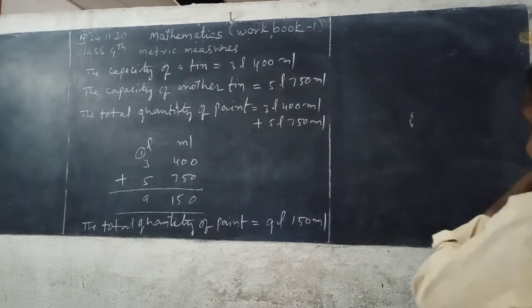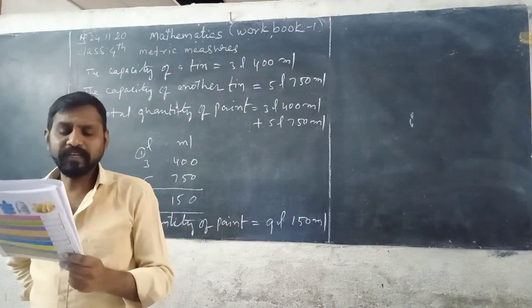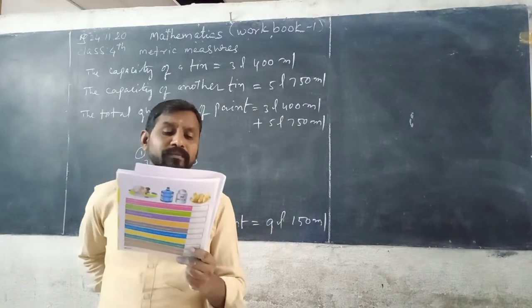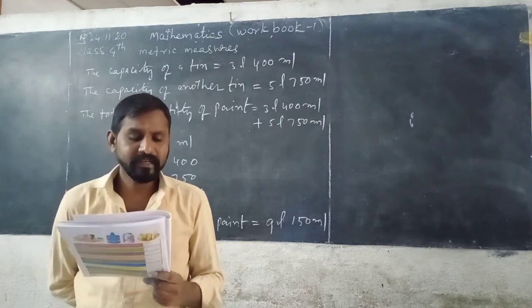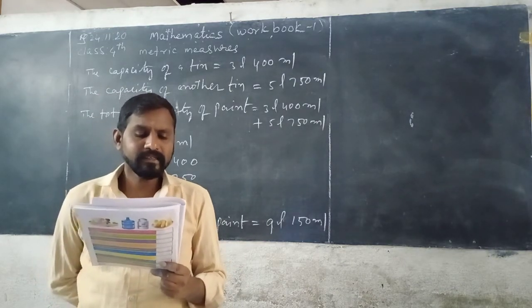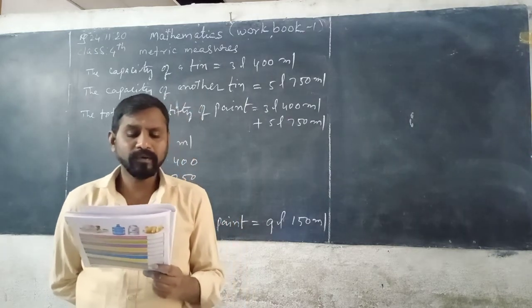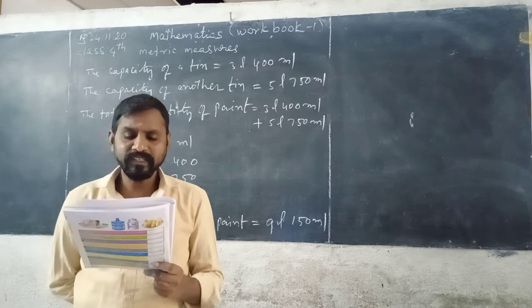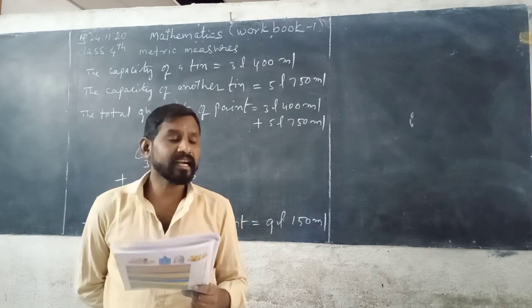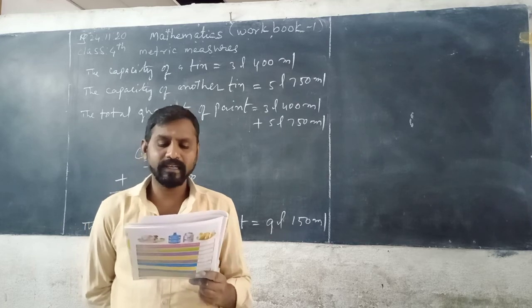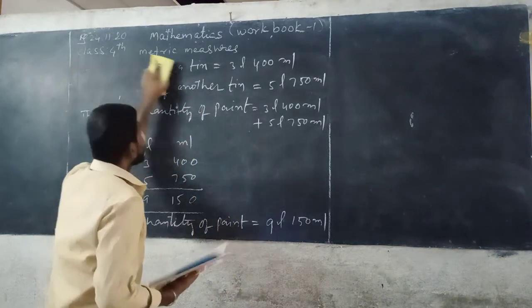See now, next one is: Anita weighs 1245 grams more than Sunita. If Sunita weighs 28 kg 845 grams, what is Anita's weight? See here, listen carefully everybody.